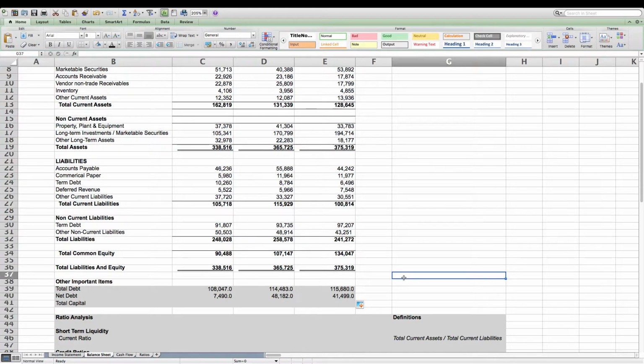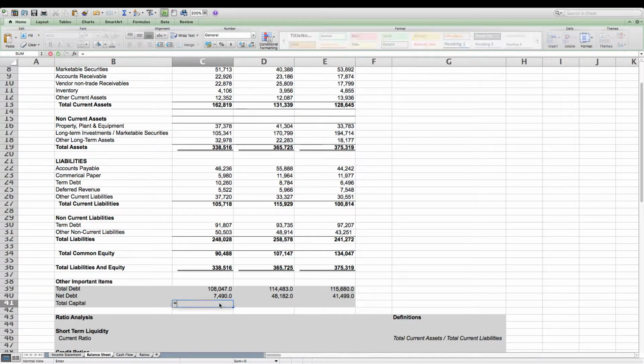So it can go and ask a bank or any financial institution for debt, which it'll have to repay over a number of years. And the second thing that it can do is give an investor a part of its company, also called equity. So in order to calculate total capital, all we do is we take the sum of the total debt and we add to it the total common equity in the company, and that gives us the total capital number.